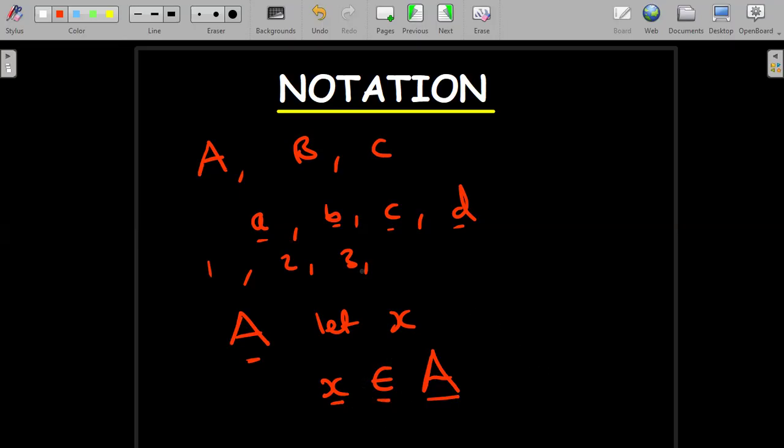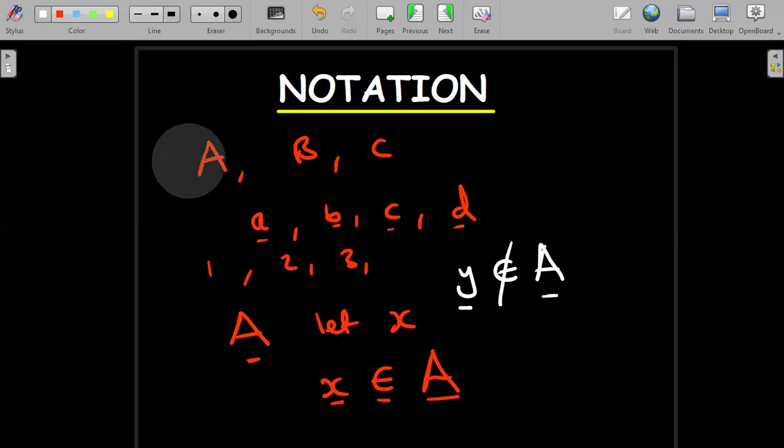And if it's not a member, let's say y is not a member of A, we cross the symbol like that, meaning the element y does not belong to the set A. So this is how we are going to denote our sets.